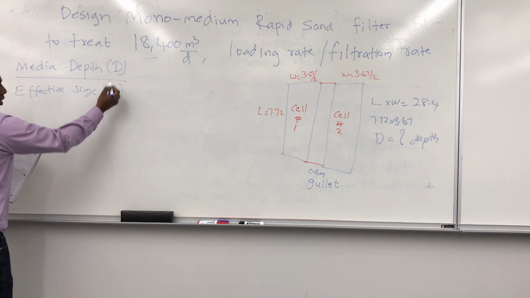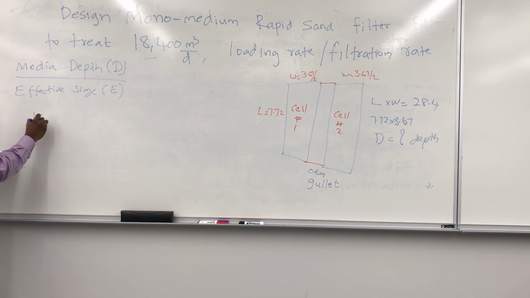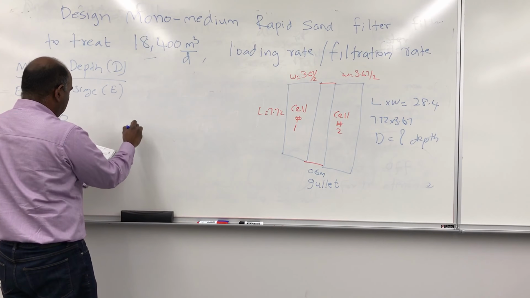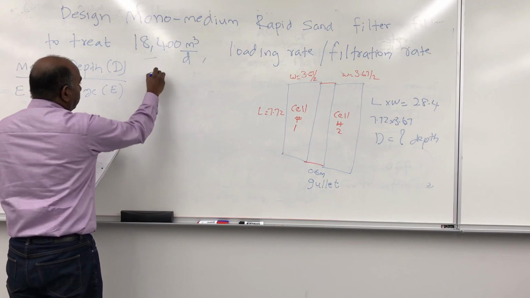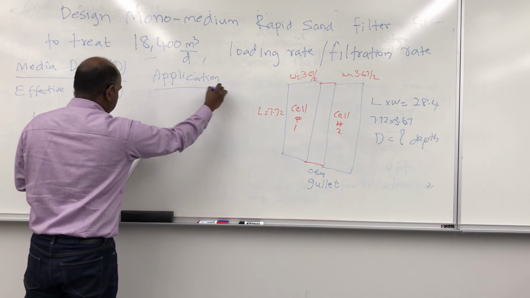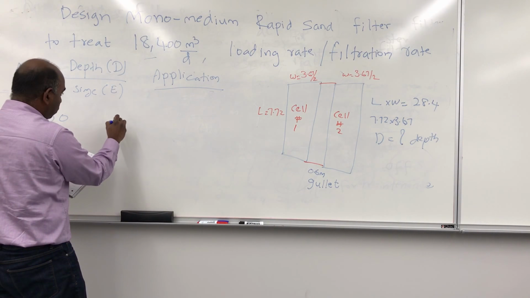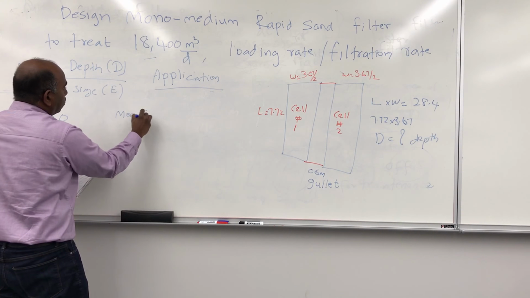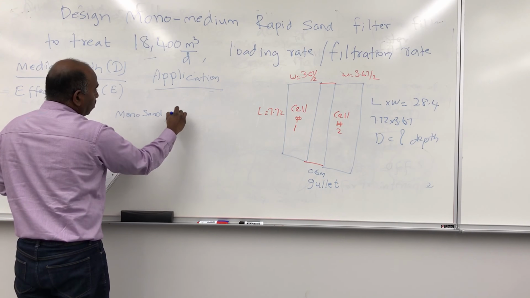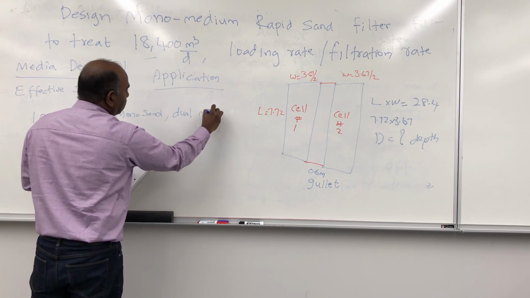Now the depth to E ratio is 1000, 1250, 1500 to 2000, depending on application. So 1000 corresponds to mono sand or dual media beds.